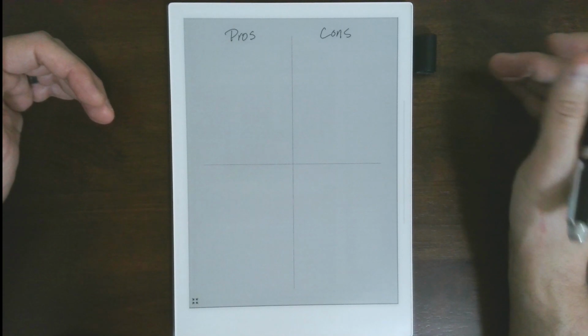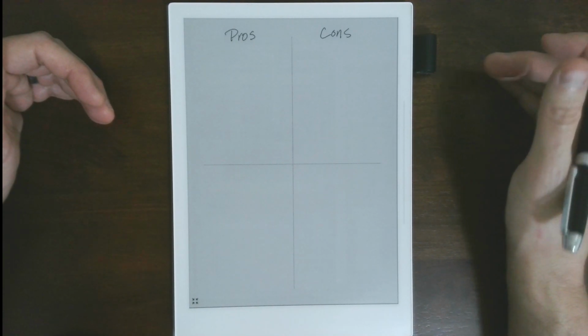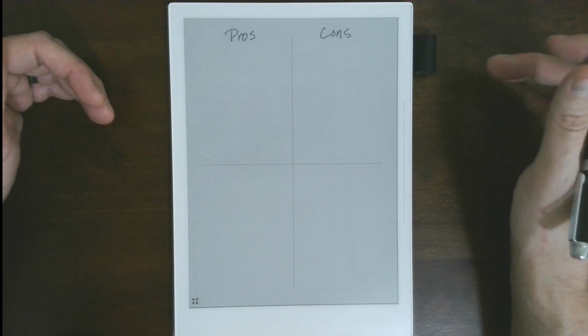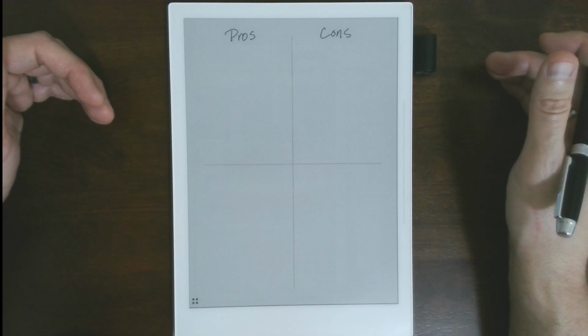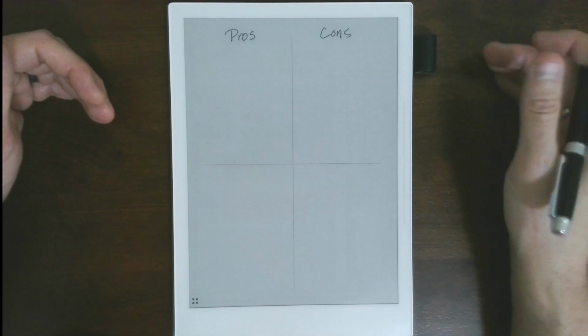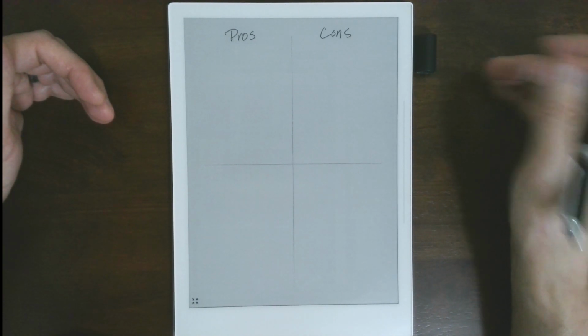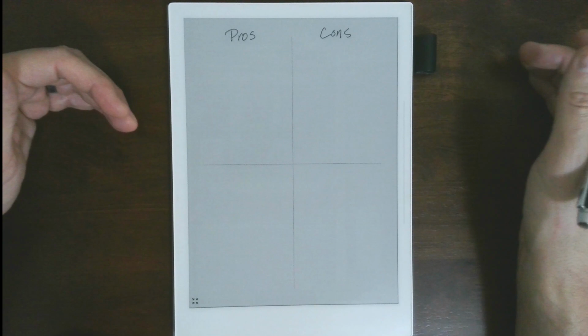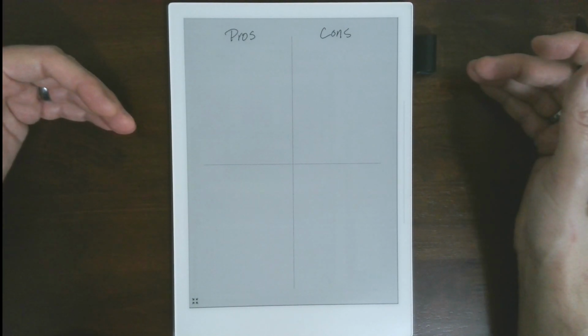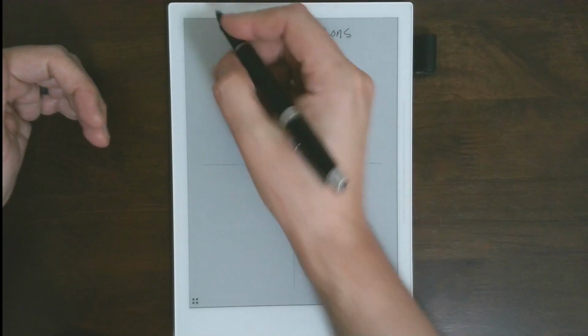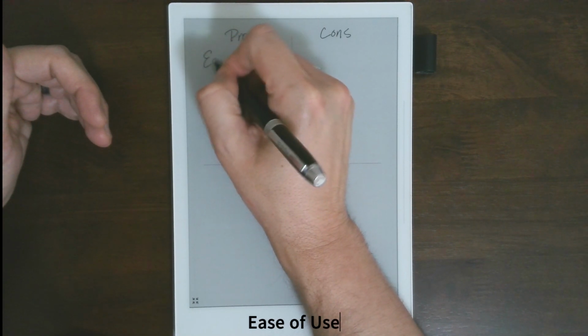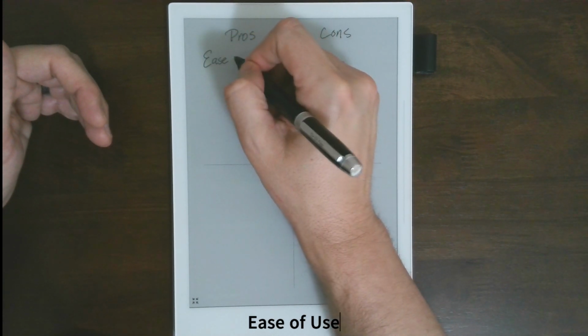These are made specifically for that purpose in mind. There are built-in templates for the Supernote and pretty much every device that have a task list, have a daily calendar, even a weekly calendar, but they don't integrate all the same way and you're having to create multiple things. So if you want ease of use, that's going to be a pretty big pro.